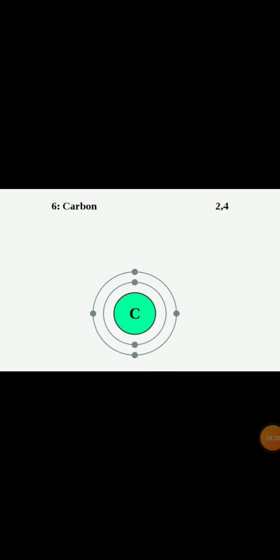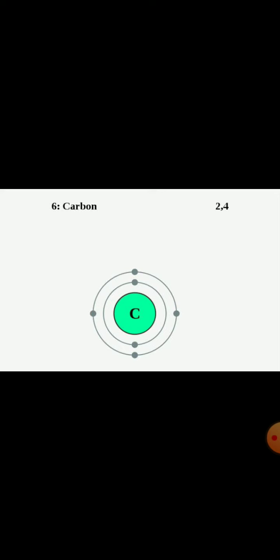In standard 9, we have learned the combining capacity of different elements and their valence electrons. This we have studied in chapter number 3 also, and also in standard 9. So let us once again revise it. Let us see for the carbon element.